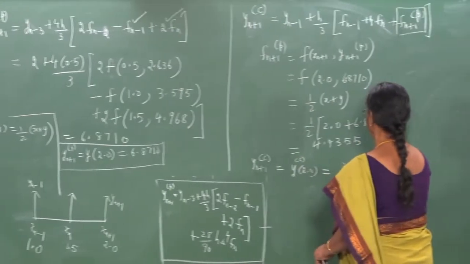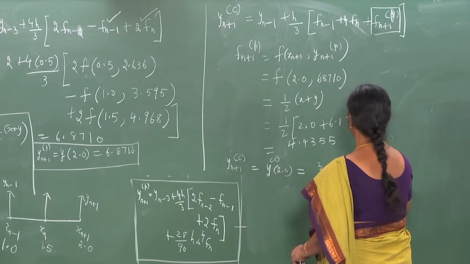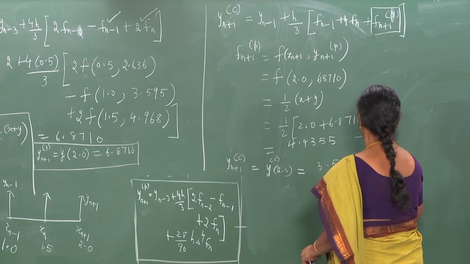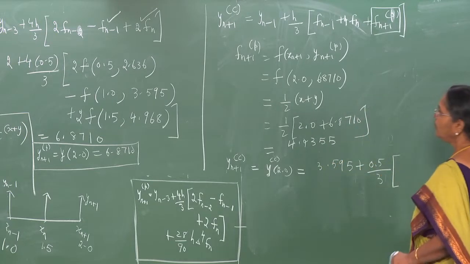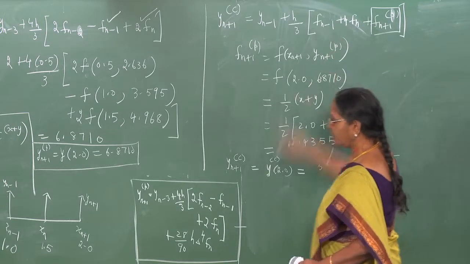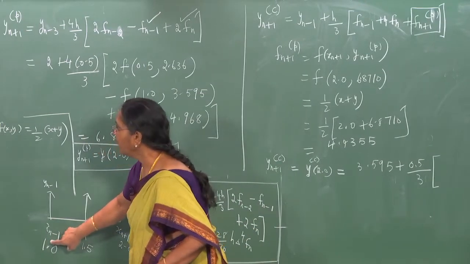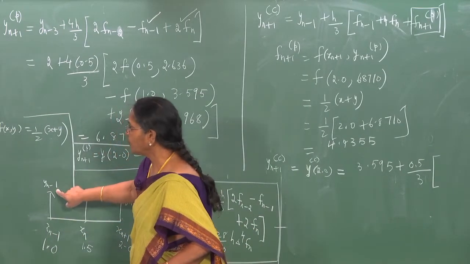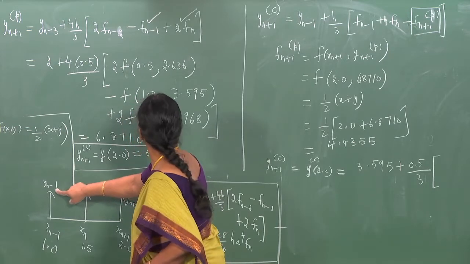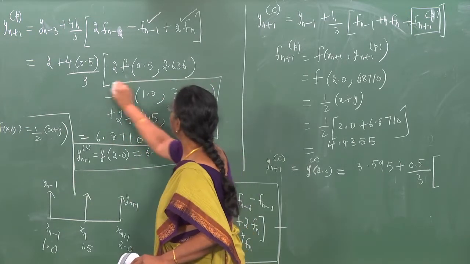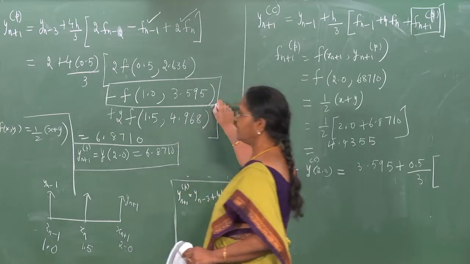3.595. Then plus h, that is 0.5 by 3 into what is fn minus 1? It is f of 1 comma yn minus 1, that is 3.595, namely the value that you have obtained here.